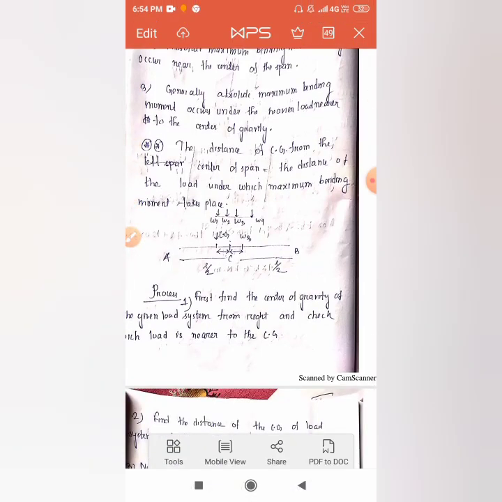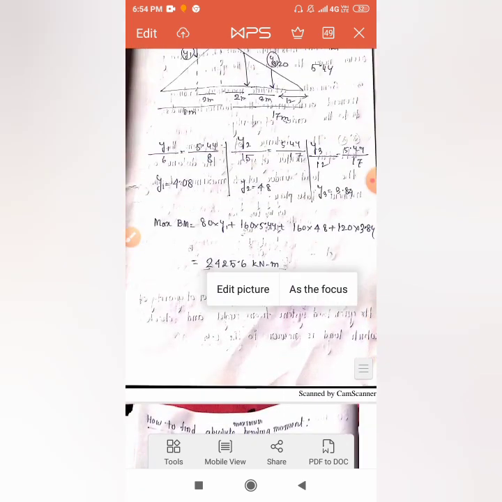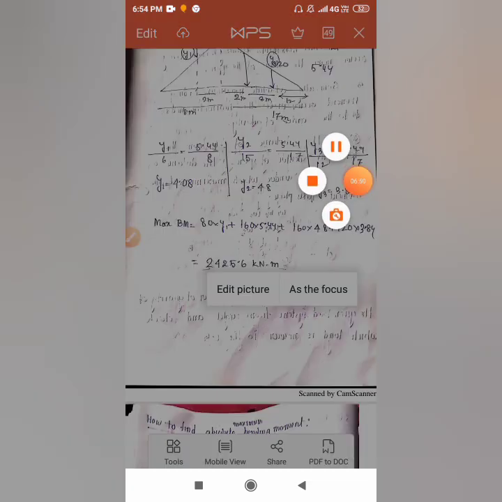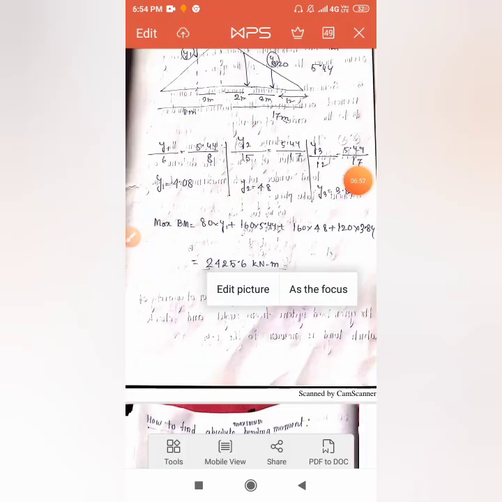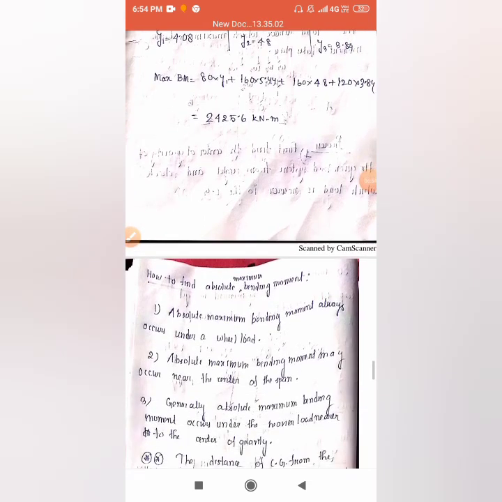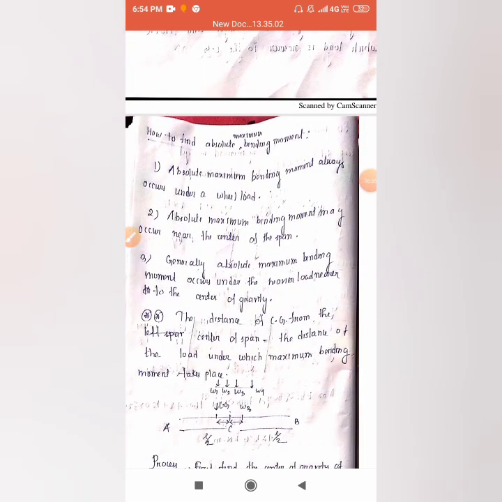Now I am moving to the next part, where I have been asked to find the absolute maximum bending moment. In the previous part, I found the maximum bending moment. Now I will find the absolute maximum bending moment. How will I do it? First, we have to note three points.